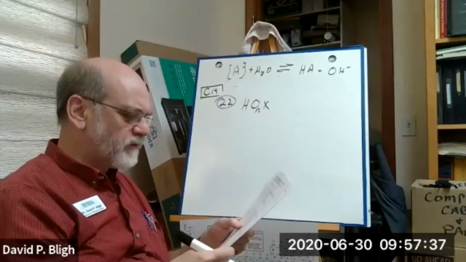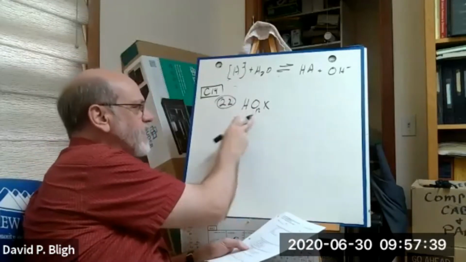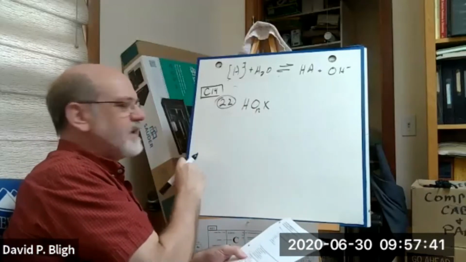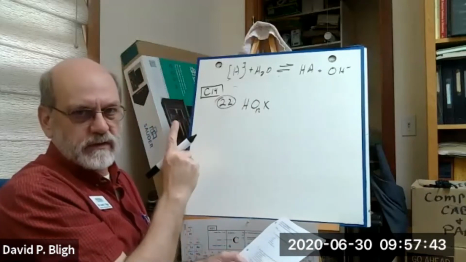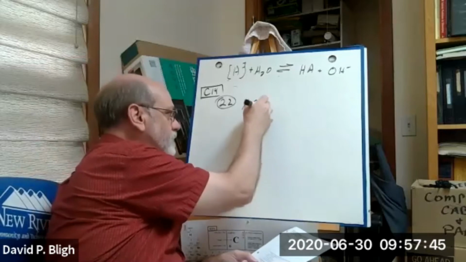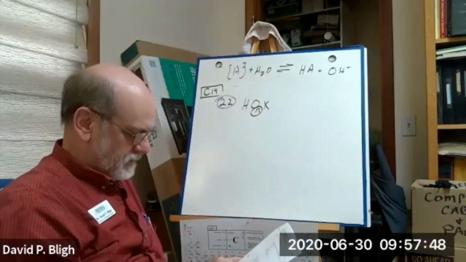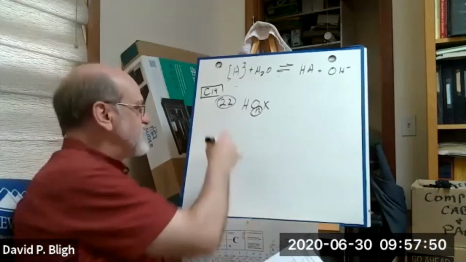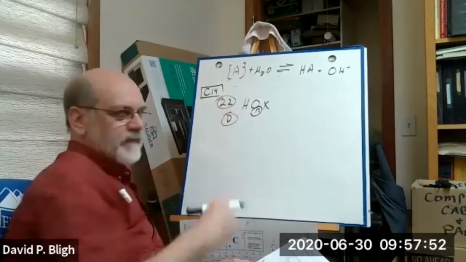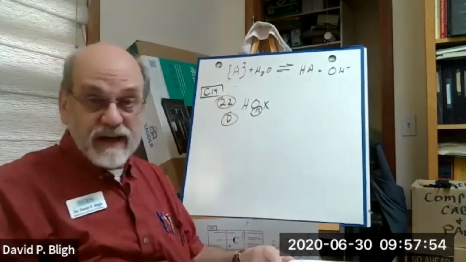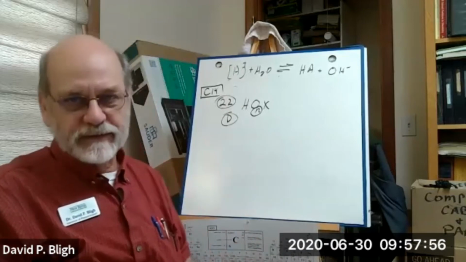So the most important factor in determining the strength of an oxyacid is the number of oxygens. This factor right here. So that would be D. That's just based on the data, of course, and by definition.